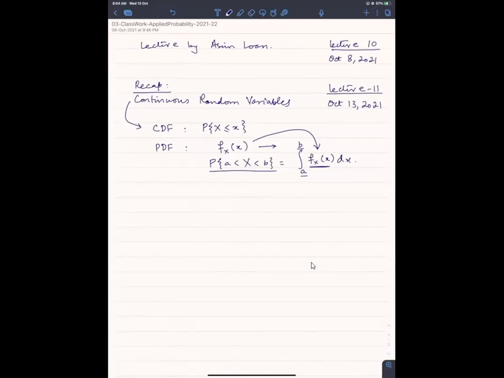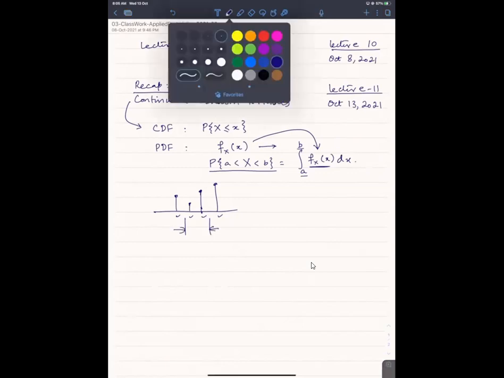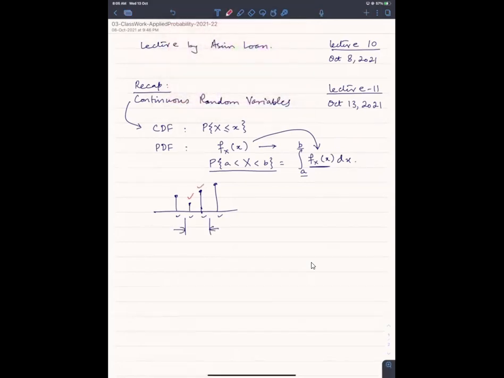Or again, if you compare it with the discrete case में आपके पास probability mass function था इस type का. So your random variable taking these values with certain probabilities, and if I ask you कि क्या probability एक random variable इस region में fall करेगा, you will just add the probabilities जो इस region के अंदर fall करती हैं. Similarly, we have the PDF, the probability density function, something like this. Always positive or non-negative, I would say.